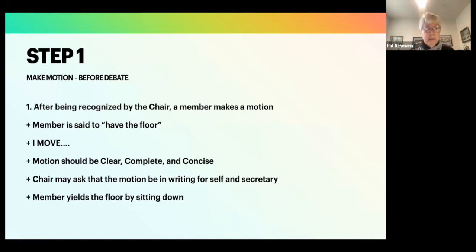And then we say, although we don't say it very often, the member yields the floor by sitting down. If this is an in-person meeting and you've stood up to make your motion, sitting down or just stopping talking is your way of yielding the floor. You don't have to say the words, "I yield the floor." It's not wrong, but you don't need to even think about that, actually. It just happens automatically. You're done.